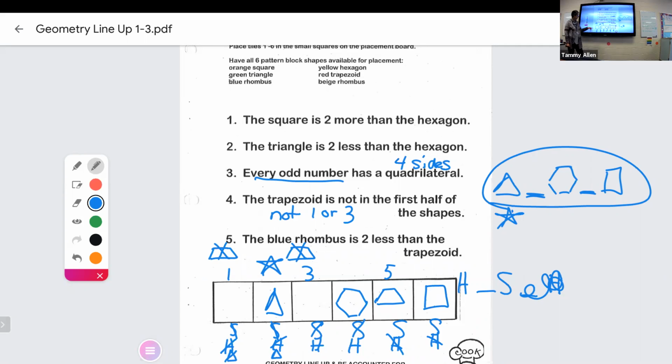The blue rhombus is 2 less than the trapezoid. Well, where's the trapezoid? So 5 minus 2 equals 3. So the blue rhombus is at 3. Right?